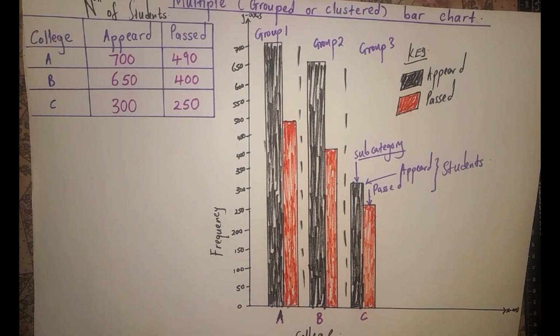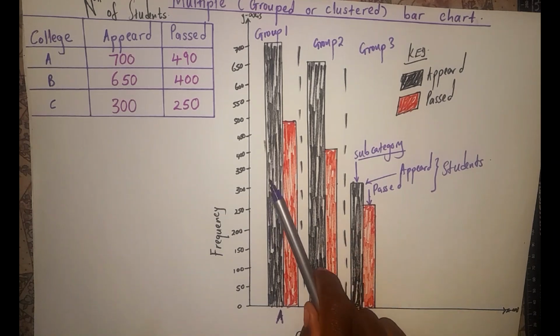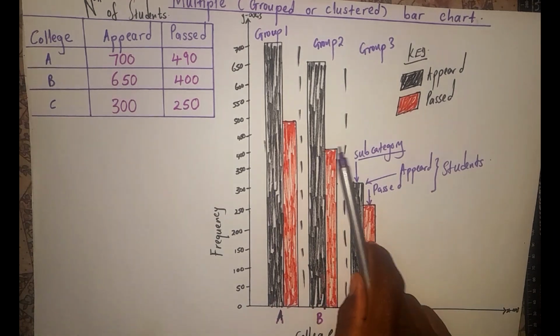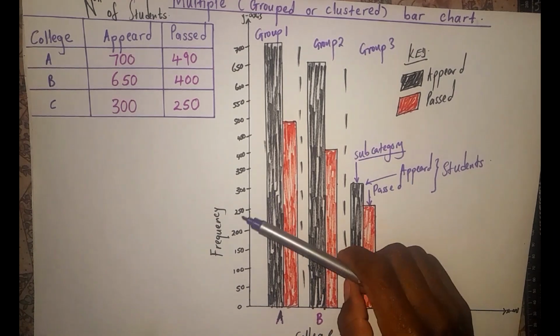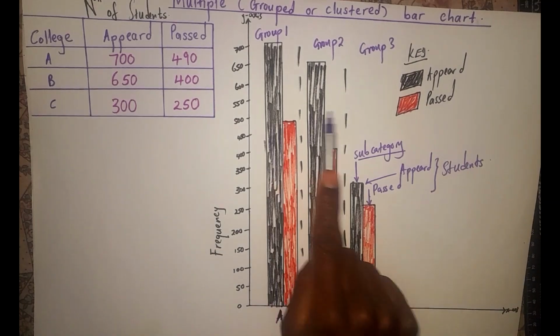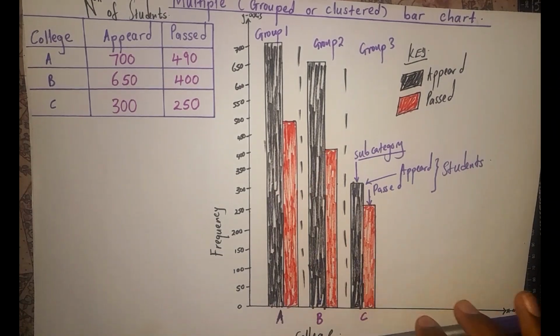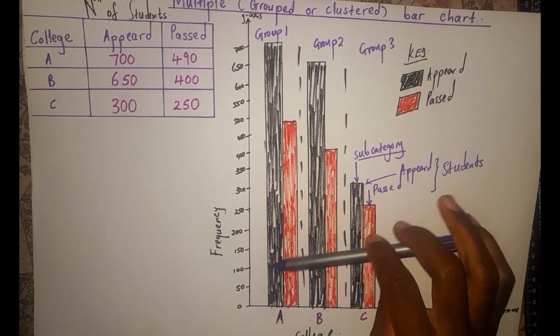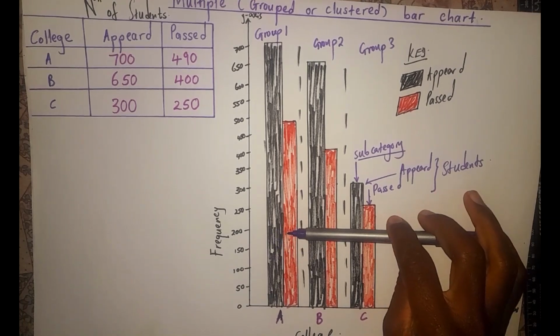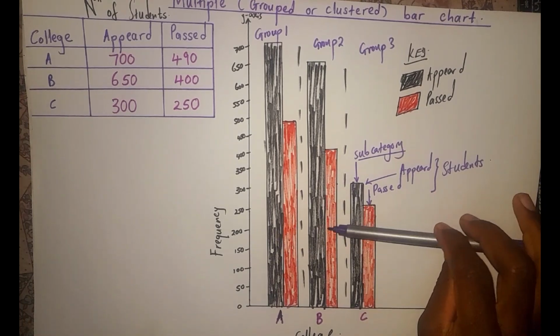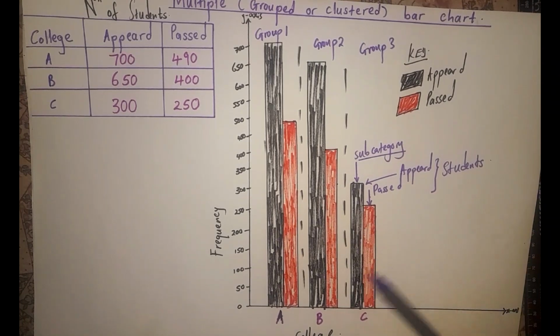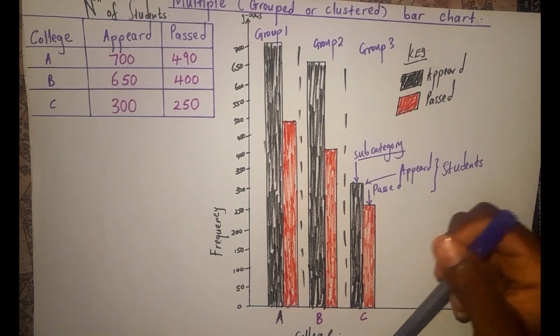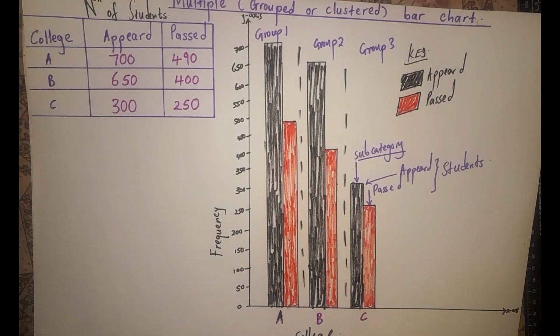For example, if we need to see the number of students who passed in college A, B, C, we can look at the red color for those who passed, and for those who appeared, we look at the black color. That's why we usually use different colors within the group, and the same colors between the groups.